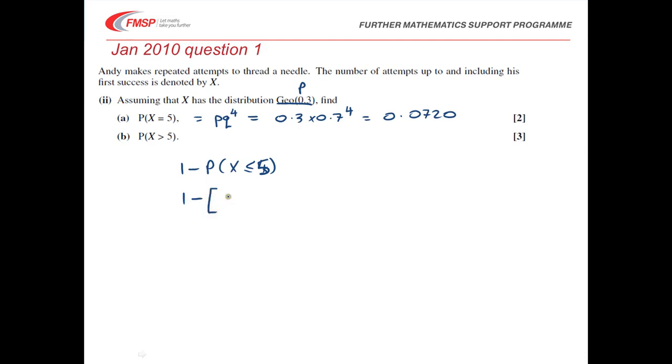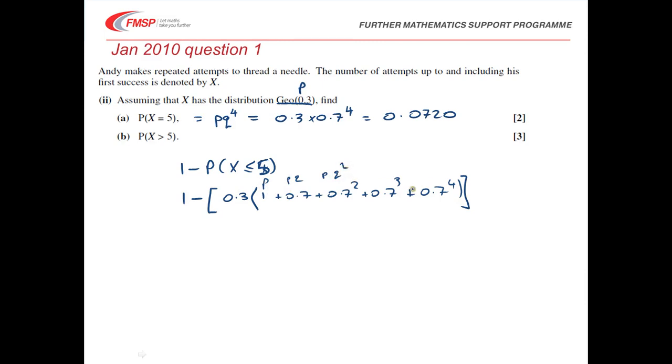Now, everyone will have p in it, so it's going to be 0.3 times 1 plus 0.7 plus 0.7 squared plus 0.7 cubed plus 0.7 to the power of 4. Okay, because really we've got p, pq, pq squared, and so on.